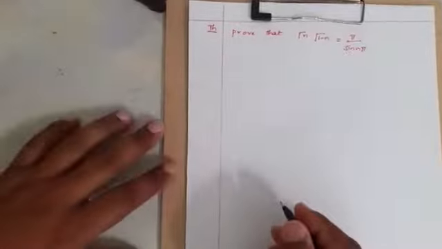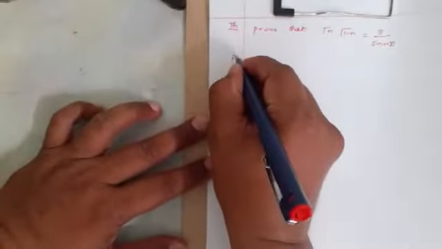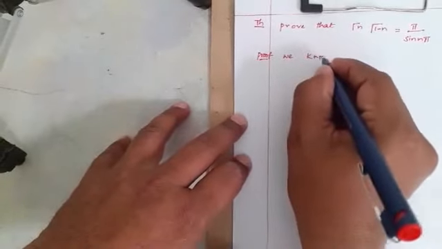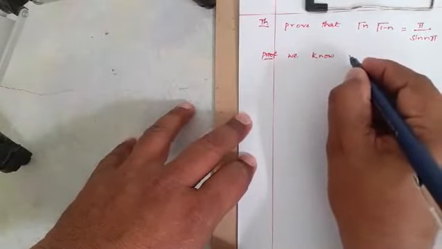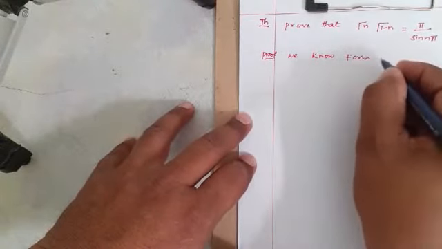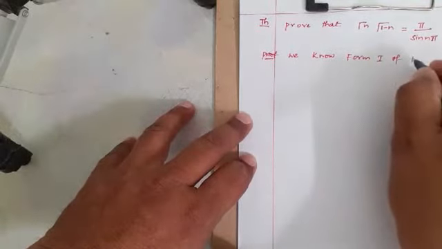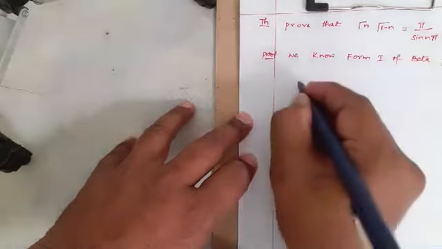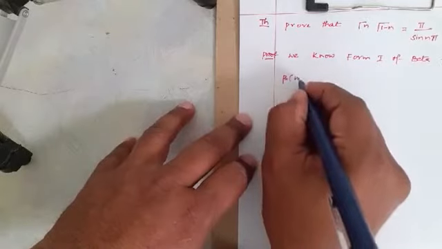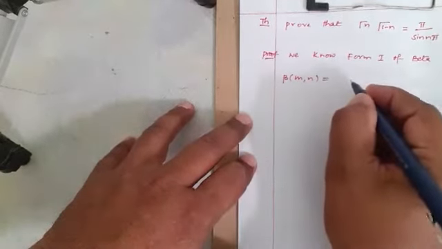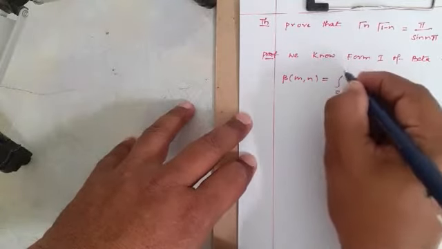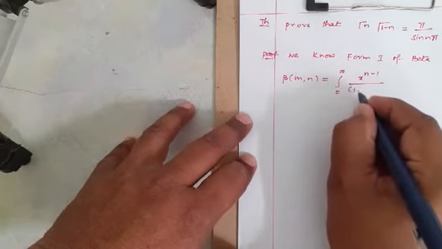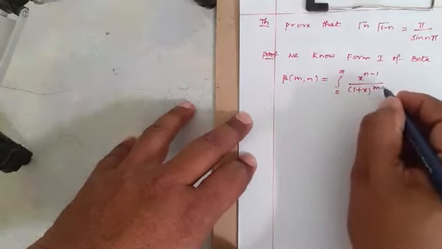Now, so here for proving this, first we take form 1 of beta function, that is nothing but beta m comma n is equal to integral 0 to infinity x power n minus 1 upon 1 plus x whole power m plus n dx.